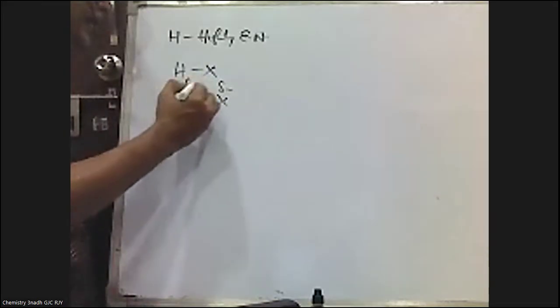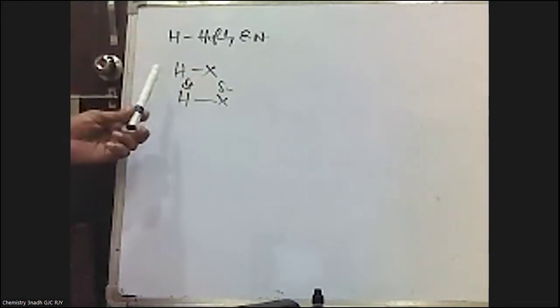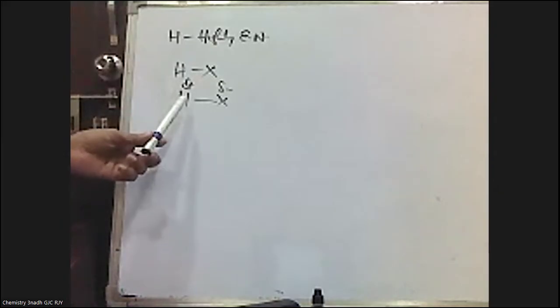That's why X gets a partial negative charge and hydrogen gets a partial positive charge.